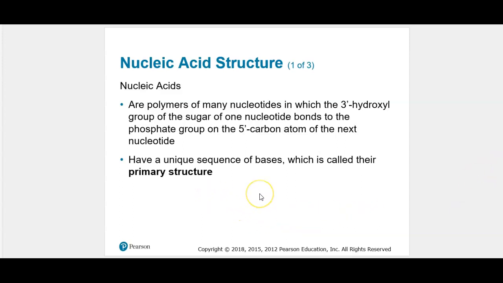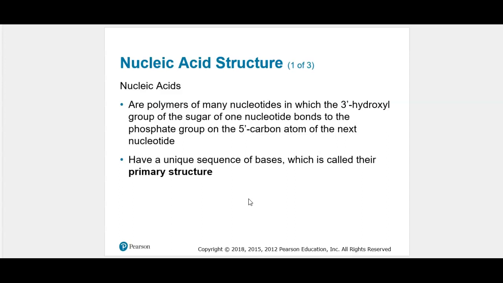But the sequence of bases is unique, and it might seem bizarre to you that with only 4 bases to choose from, it would be difficult, you would think, to have a really unique sequence of bases that would carry that much information, but that's the way it works. You look at computers, which work on zeros and ones.